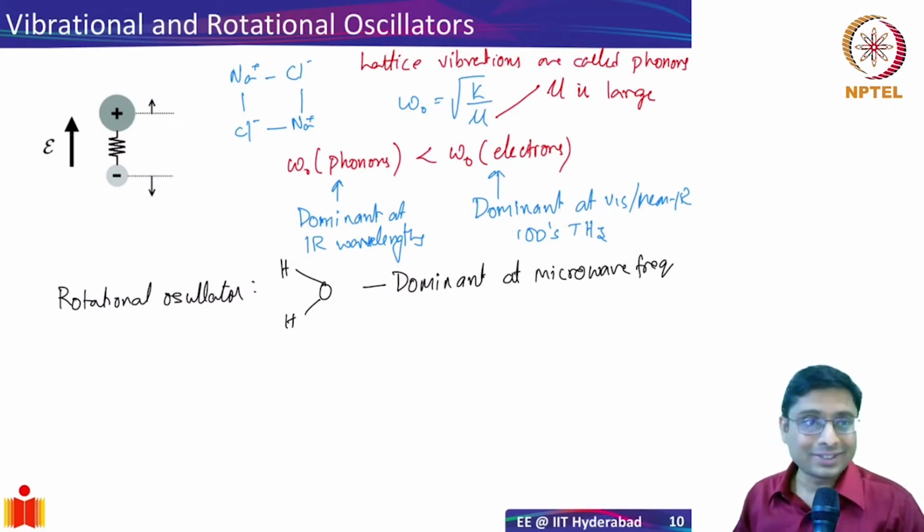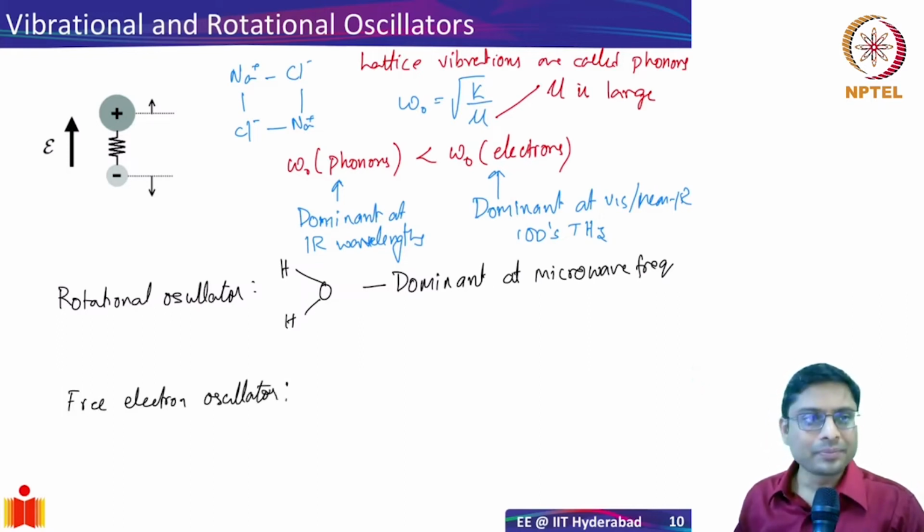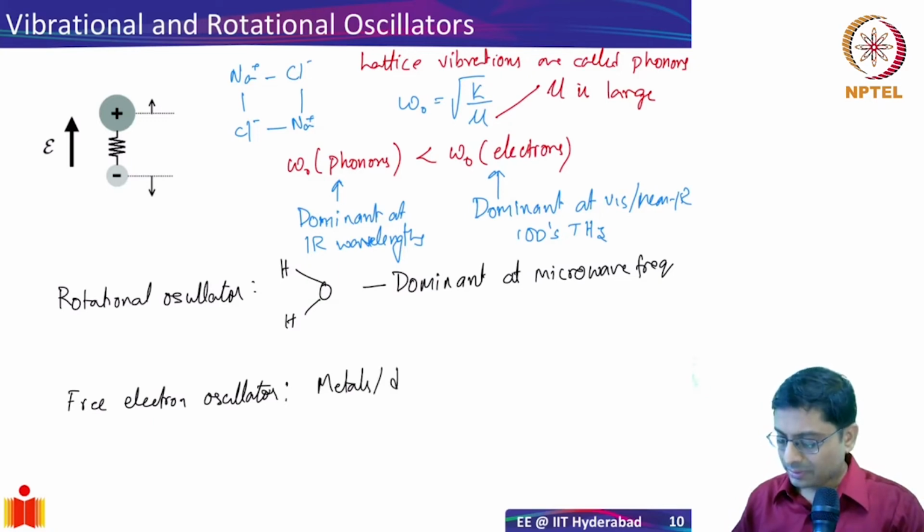And last, of course, you can also have a free electron oscillator. Like for example, in a metal, the electron is not bound to any lattice site. So this could be things like metals or doped semiconductors, right?